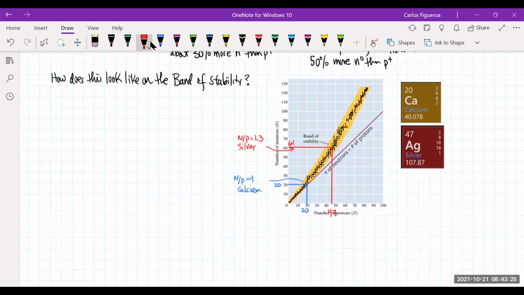And then finally, there's lead. And lead is all the way at the top. So lead, if I look at the numbers, there's 125. Since lead is the very last one, I've got to bring that right here. Oops, wrong color.